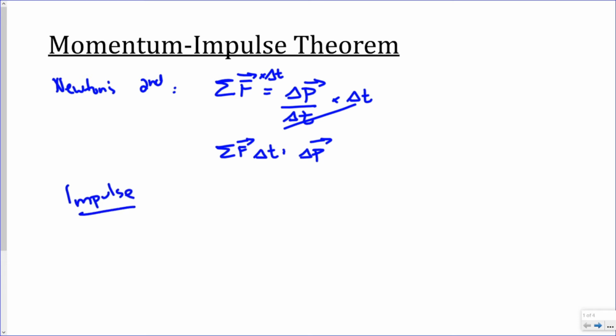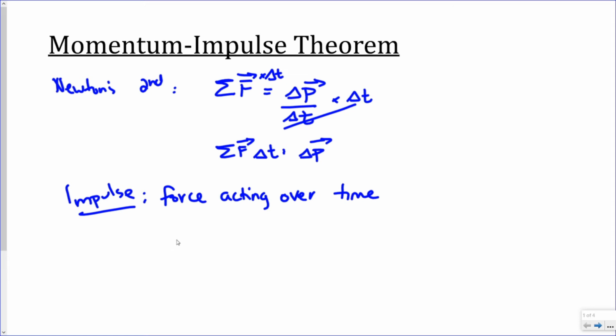Impulse is defined as force acting over time. If you take a look at that definition, force acting over time, and look at Newton's second law here, what do we have? Force times time, or force acting over time.